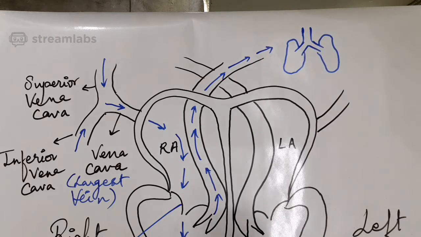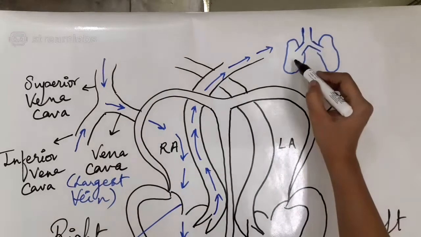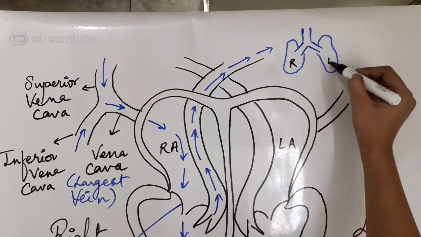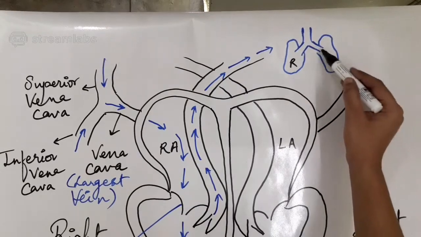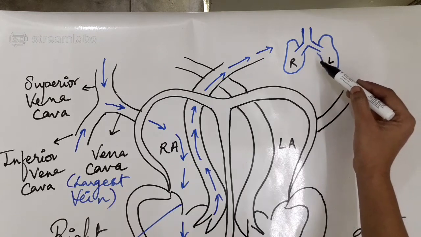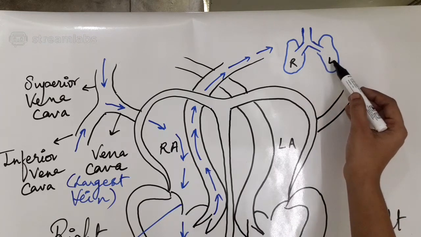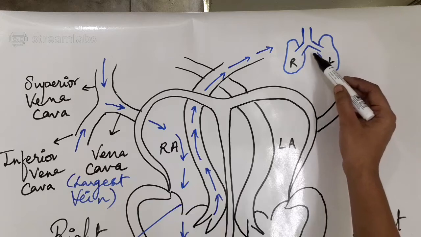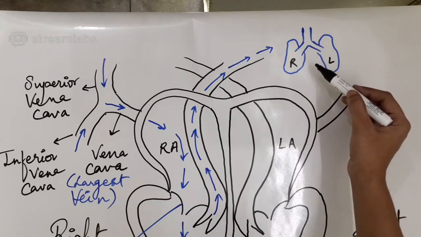You already know that the right lung is larger than the left one, and the right lung helps in the accommodation of the heart. The heart is centrally located, in the position between the lungs, and the left lung is smaller than the right one just to give space to the heart.